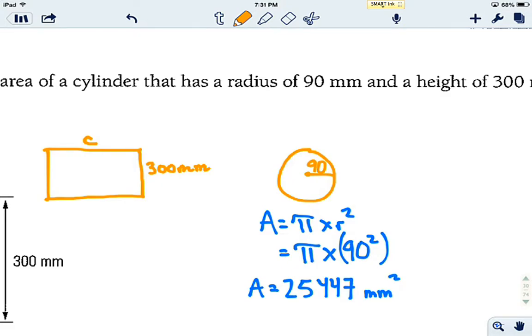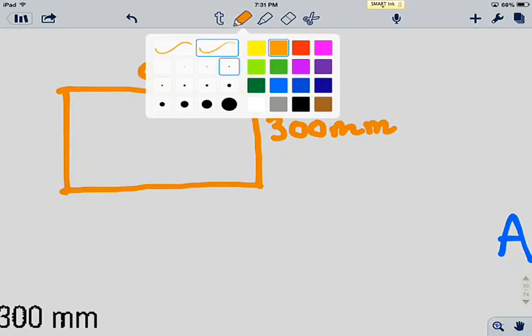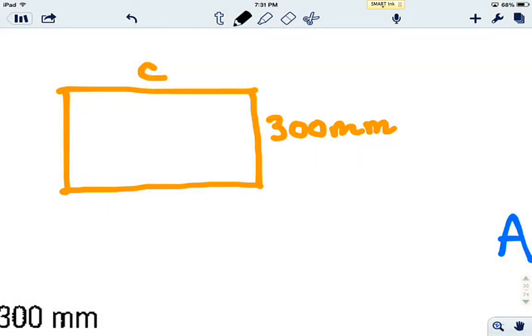Now let's find the area of this rectangle. First, the formula for circumference. There are two formulas. I'm going to use the one that involves radius: circumference is equal to 2 times pi times r.